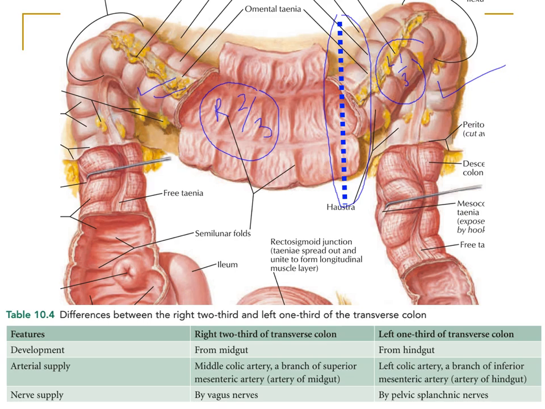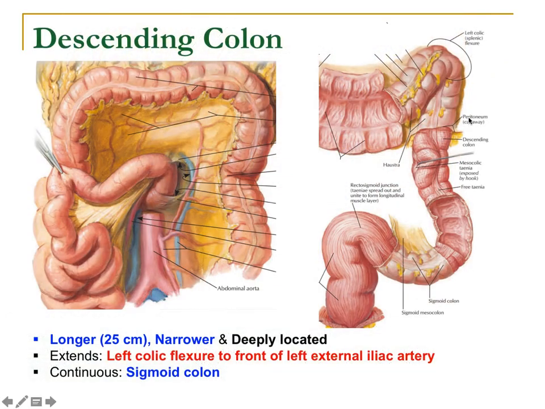If the arterial supply is different, the nerve supply is also different: the right two-third part is supplied by the vagus nerve, and the left one-third part by the pelvic splanchnic nerve. The details of development will be discussed in the development of the GIT.